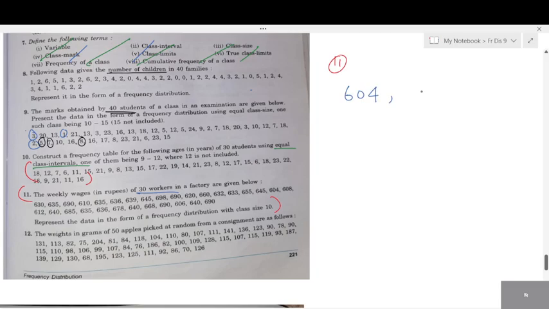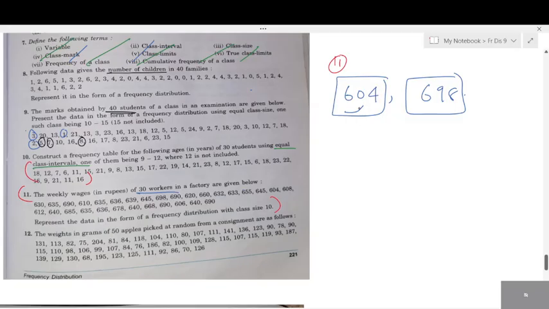Highest value? 698 is the highest value, right? So we have to construct a table, students, with class intervals which will accommodate this 604 and 698. And remember, if they don't mention anything, always try to use exclusive form, continuous or exclusive form.